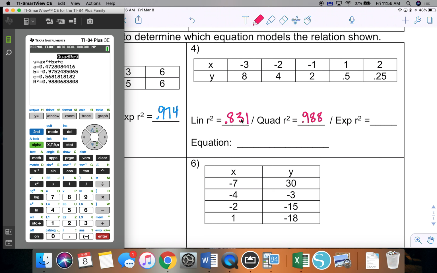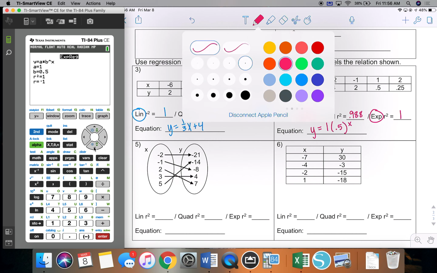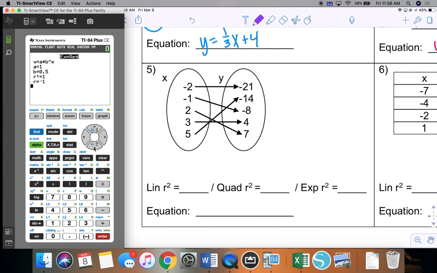So at this point, if I was only looking at these two, I would say it's quadratic, but let me run Stat Calc 0. Oh, there's my r squared value of 1. So this one is exponential. So my equation is a times b to the x, so 1 times 0.5 to the x. Okay, and we're just doing this 2 more times.